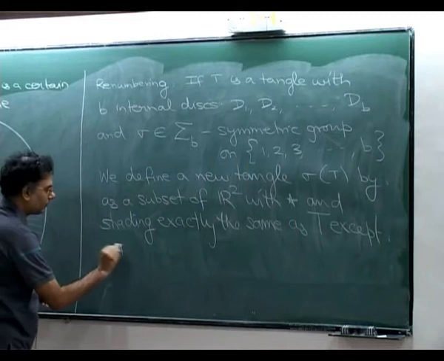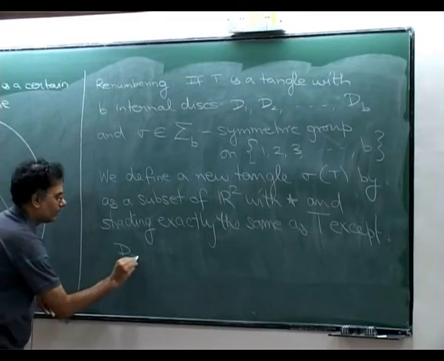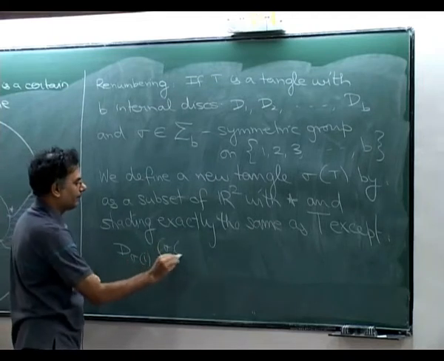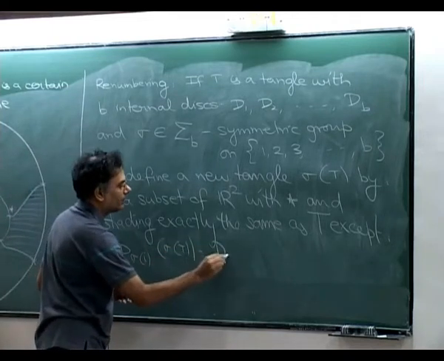So the sigma ith disk of sigma T is the ith disk of T.